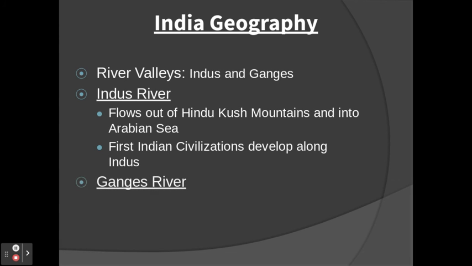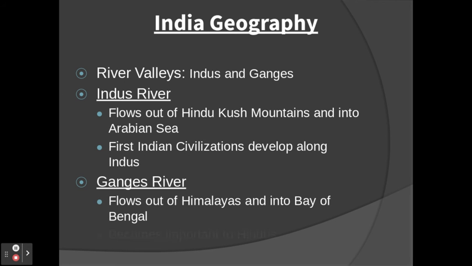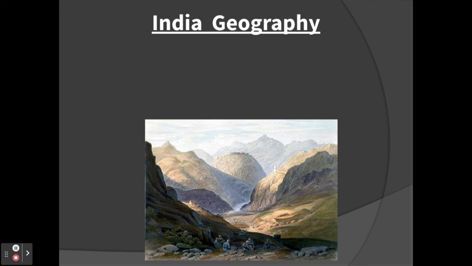Now, the Ganges, again, that's the river on the eastern half of India coming out of the Himalayas and going to the Bay of Bengal. And its river becomes important, especially to the religion of Hinduism. So those are some key physical facts about the rivers of India.